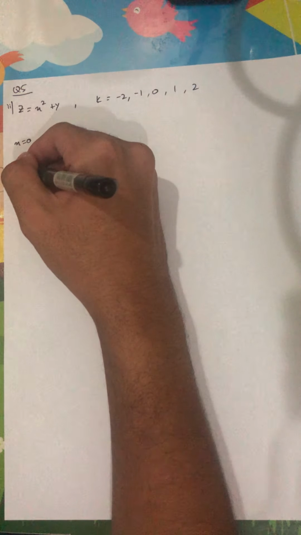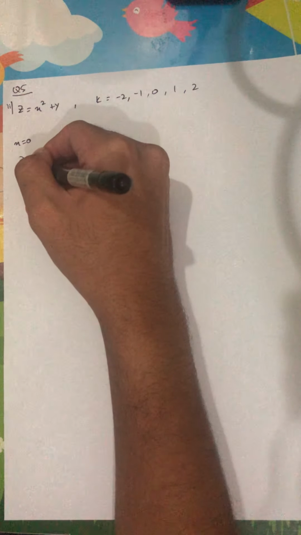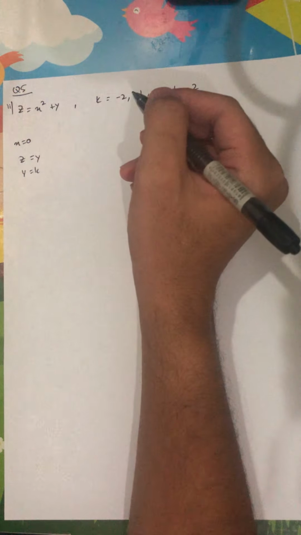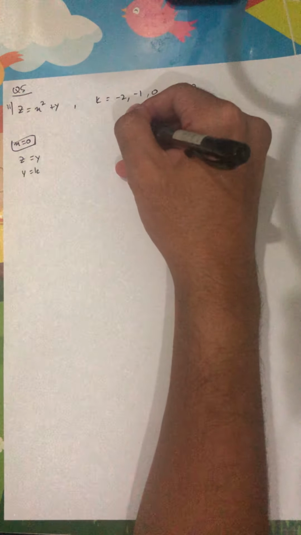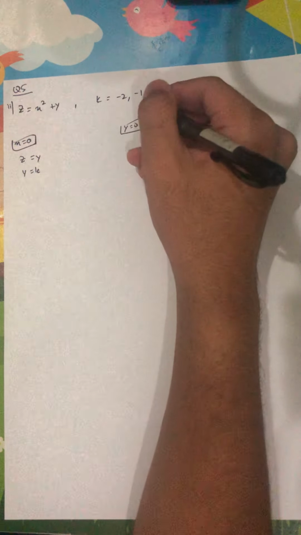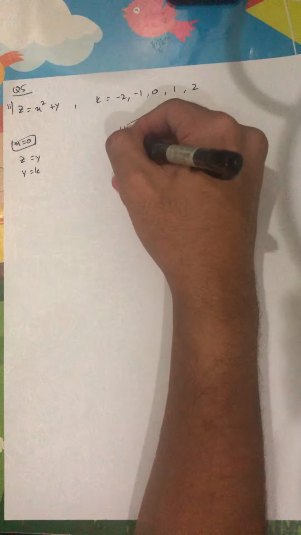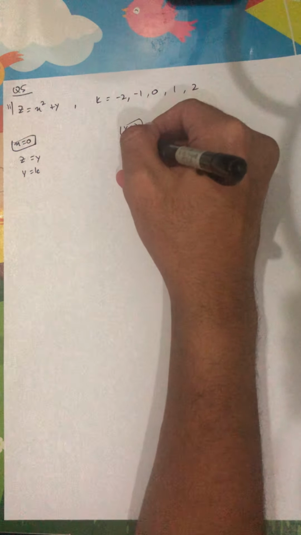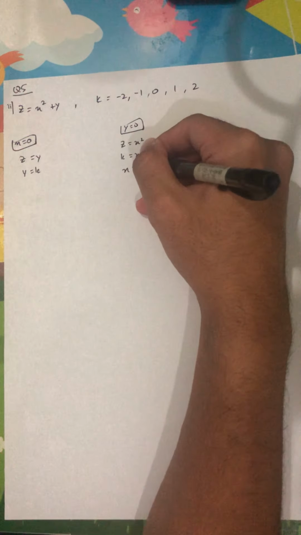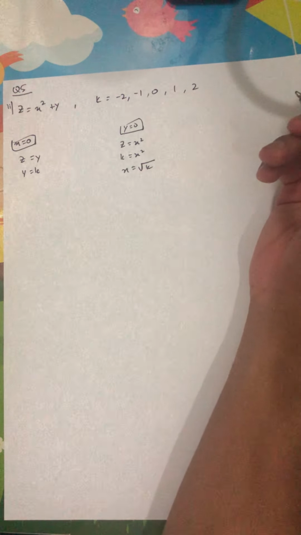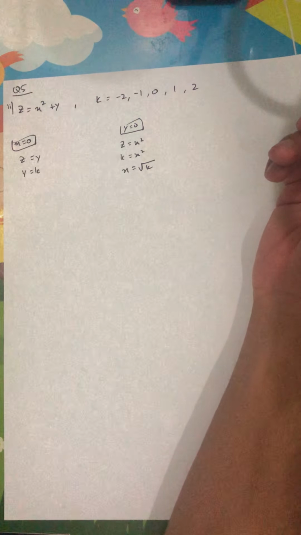So basically y equal to k, because z is equal to k. And case 2 is we let y equal to 0, we will have z equal to x squared, or k equal to x squared, so x is equal to square root of k. Should we do it this way?